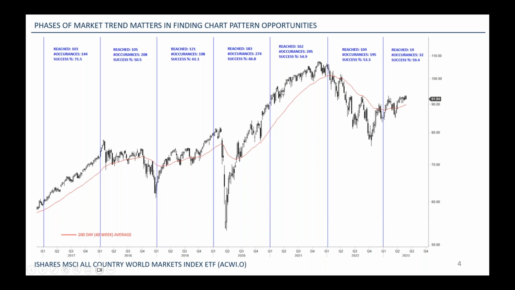The following year, which was 2021, was a choppy upside directional move, but not as strong as the second part of 2020 or 2017, or even the two parts of 2019. You don't see that strong trend, so that left us with a 54.9% success rate. 2022, 53.3% success rate.